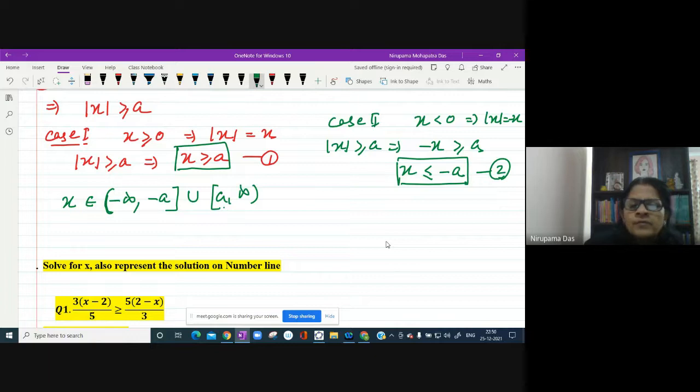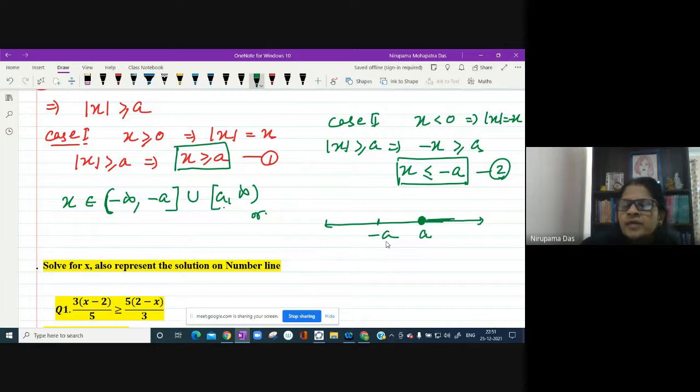Or if you want to plot this on the number line, it will be like this. This is a number line. This is minus a. This is a. Now greater than or equal to a means it is equal to a, so we have to put a dark circle here, which means a is included.